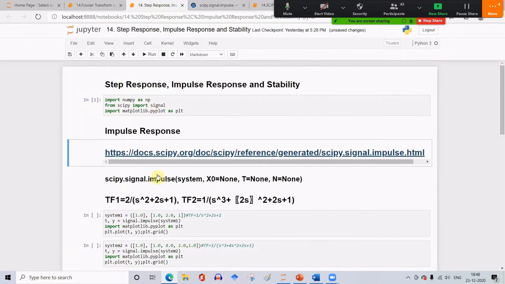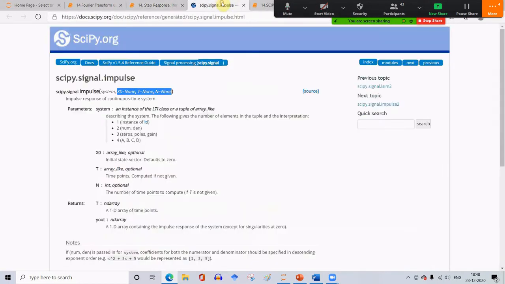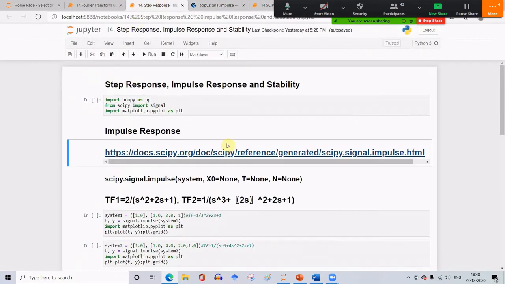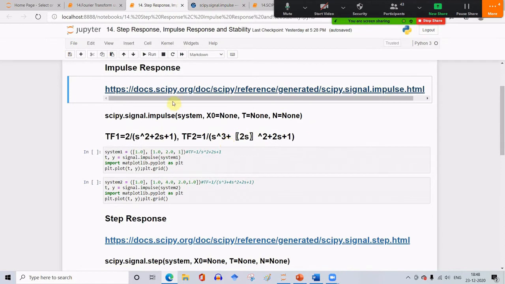What you need to give is impulse and a system, that's all. In future, as you work more, you may need to change these values of X0, T and N from the default None to a suitable value. At that time you can refer to this guide and make changes. So this is the syntax of scipy.signal.impulse.